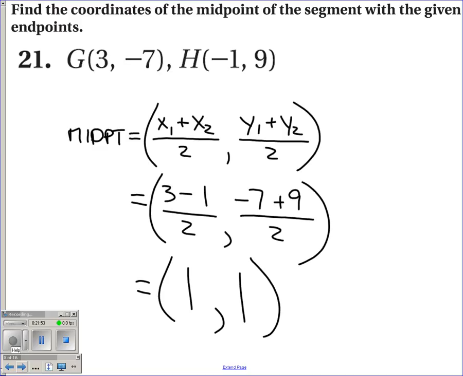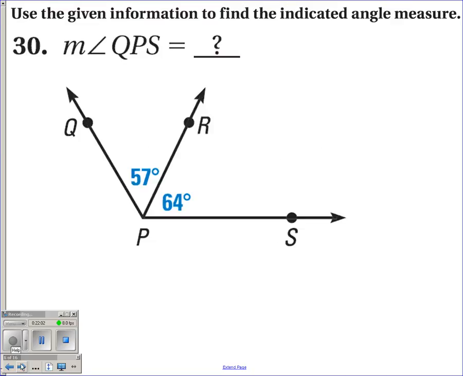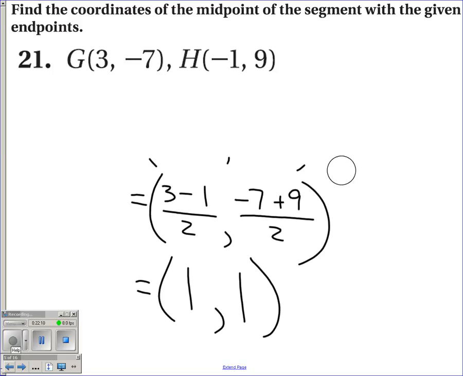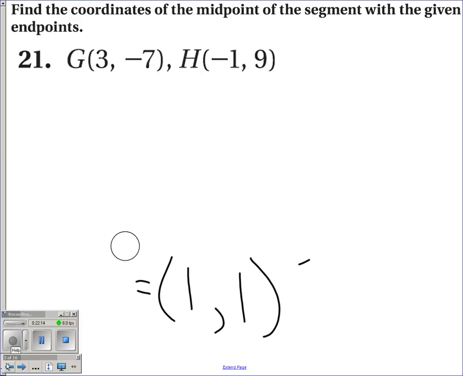Now, that's one way that a question could be asked. A way that is not asked in the extra practice here that we're going to do anyway is, what if you have a point that's given and you have the midpoint that's given and they want the other endpoint? This is what I want to look at now.